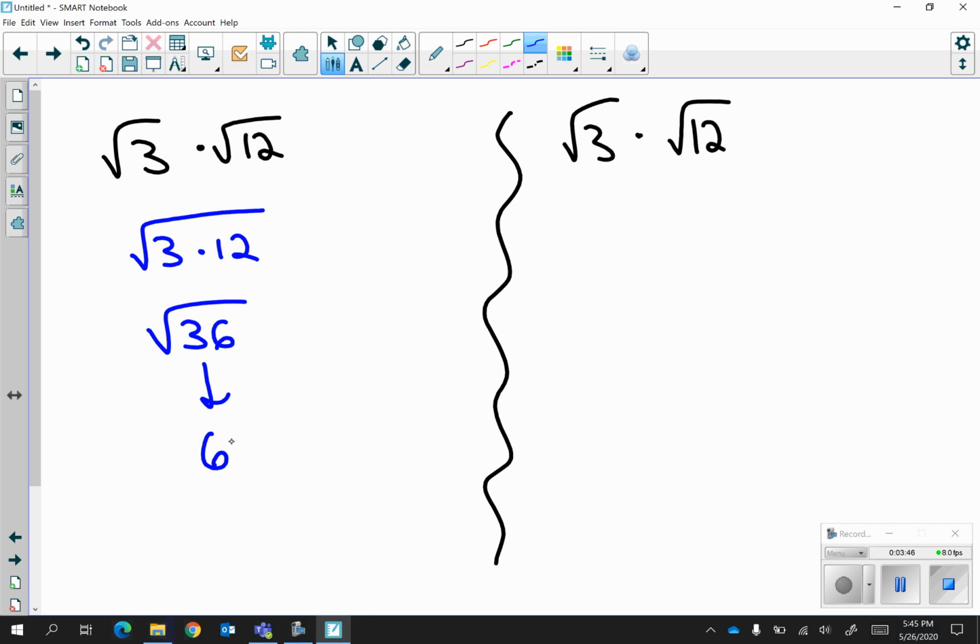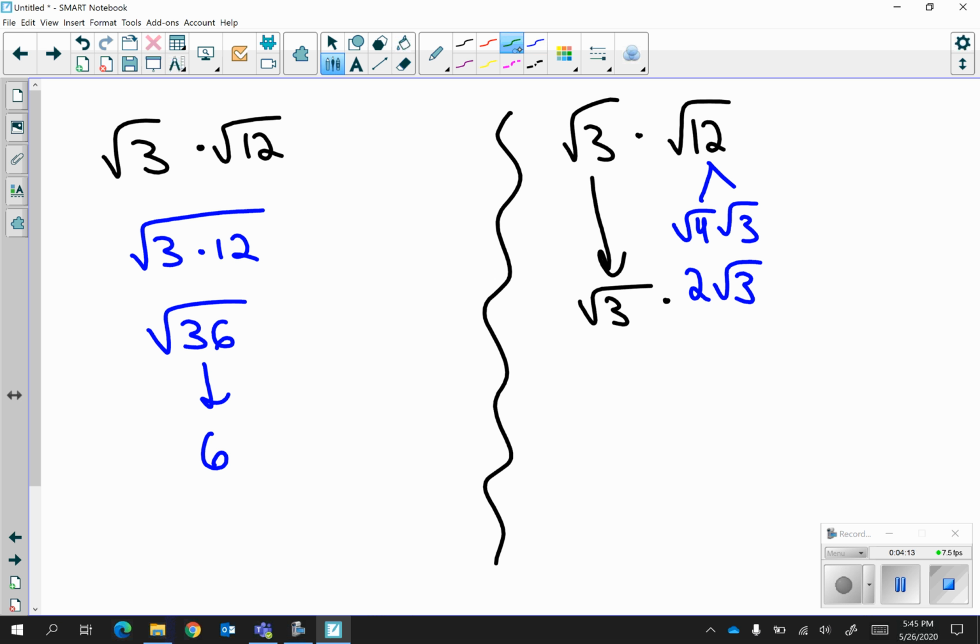The other way of doing this problem is by simplifying the radical first. Now 12 breaks up into the square root of 4 and the square root of 3. From there, the square root of 4 is 2, and then you have radical 3. We can rewrite this problem to be the square root of 3 times 2 radical 3.